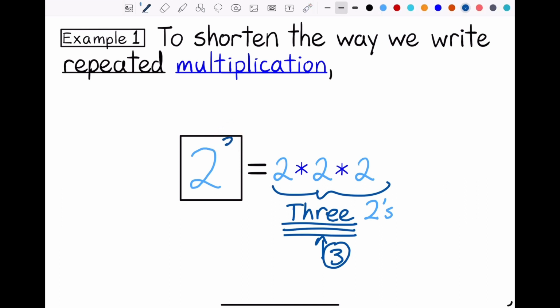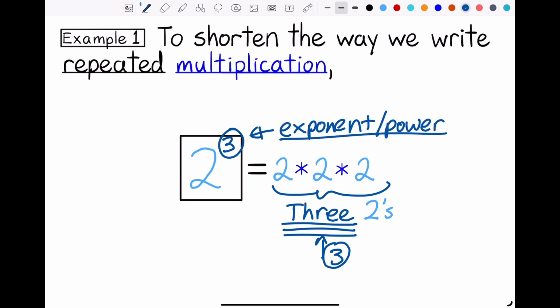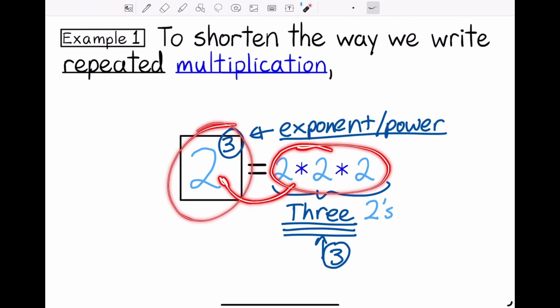So this 3 is what we call the exponent. Exponents tell us we have repeated multiplication. And another name for exponent is the power. So there you have it. We have successfully shortened the way we write repeated multiplication using exponents.